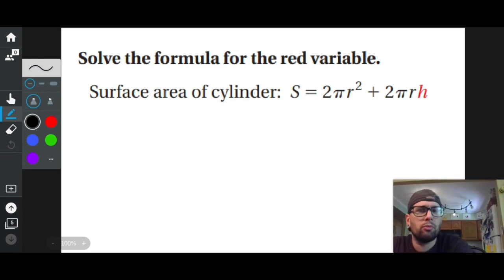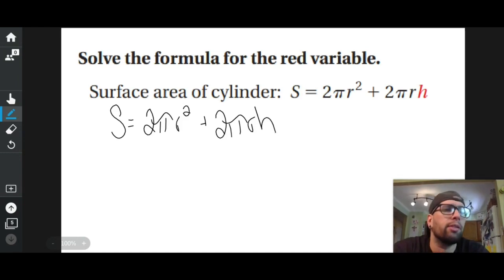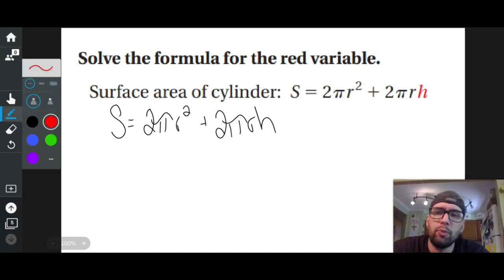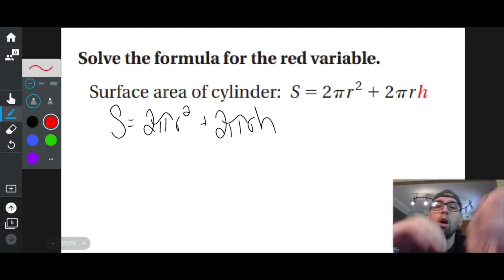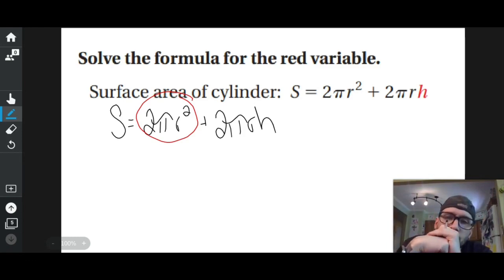So S equals 2 pi r squared plus 2 pi r h. I believe that's the surface area of a cylinder. I have to get h all by itself. Is h all by itself? No. What's in the way? Well, this whole chunk is floating around.